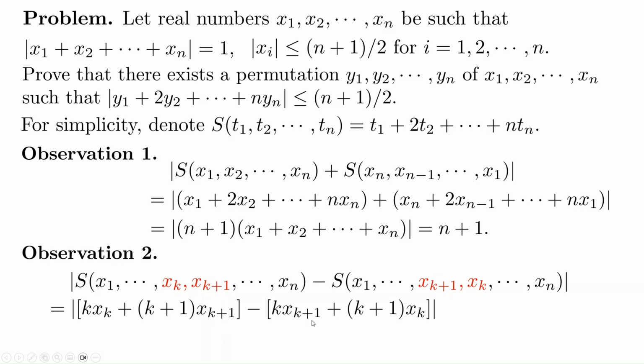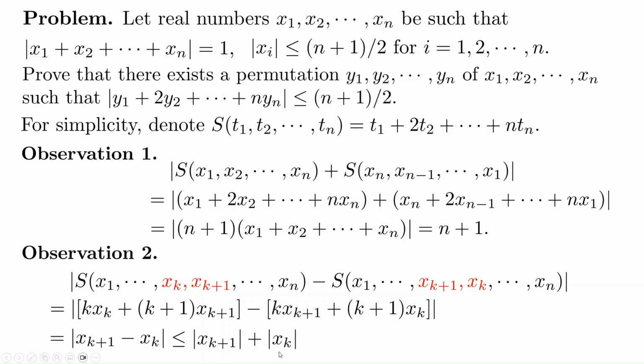In the second sum, the coefficients are switched. The difference is equal to the absolute value of xk plus 1 minus xk. That is less than or equal to the absolute value of xk plus 1 plus the absolute value of xk.